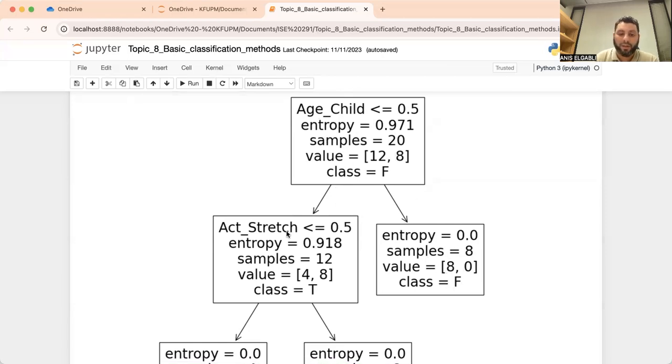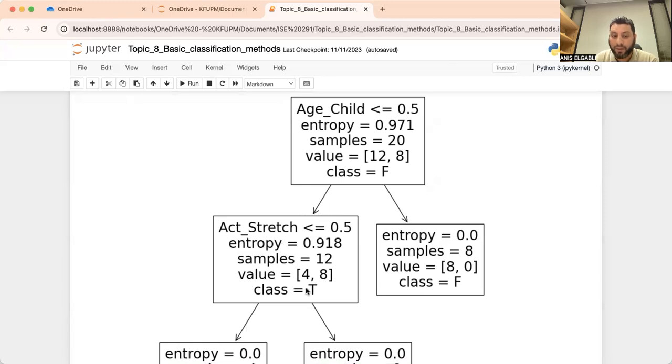Now for the samples that came here, the entropy is equal to 0.918, and the number of samples is equal to 12. There's still confusion between the two classes, false and true. But the majority are from class true.